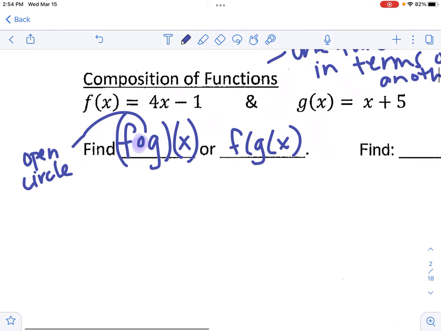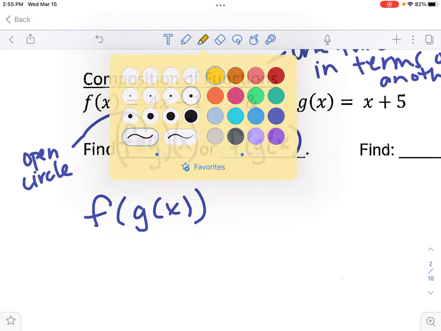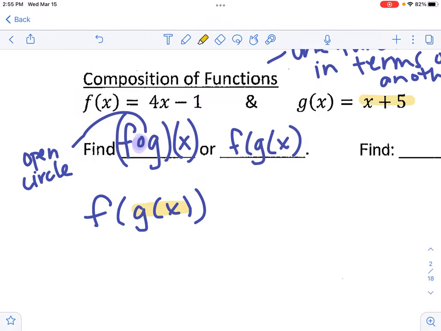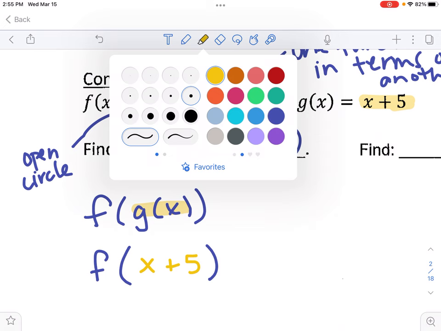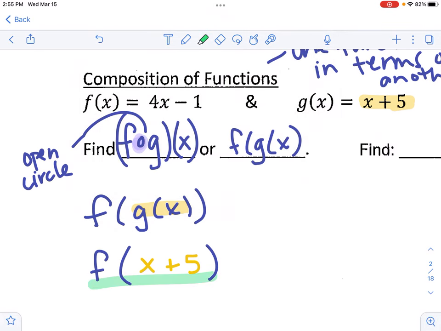So if I wanted to evaluate f of g of x, in this type of problem, we always work from the inside out. So the inside is g of x, and I know that g of x is equal to x plus 5. So instead of writing g of x, I'm going to write in x plus 5. Now this time through, I'm looking to evaluate f of x plus 5, so I'm tying it back to this f function.